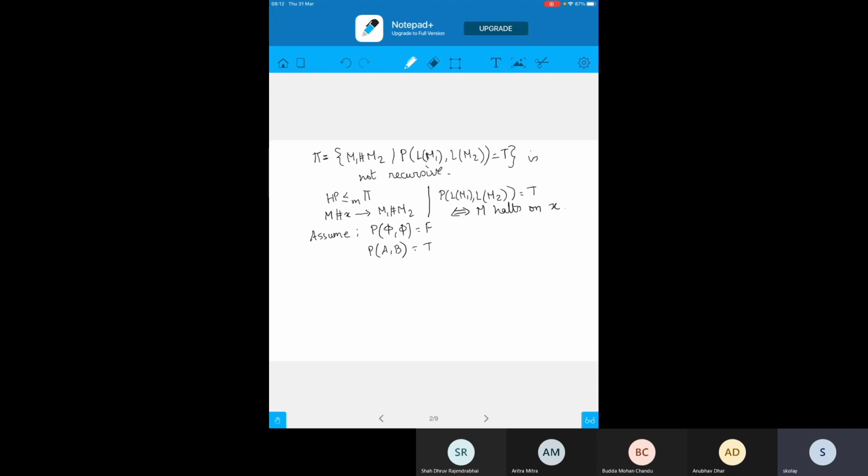This is without loss of generality, because otherwise I will just be giving a reduction from not of HP to the problem, which shows it is not recursively enumerable for that property, but in particular it's also not recursive. I also know that A is equal to L of some Turing machine N1, and B is equal to L of some machine N2.